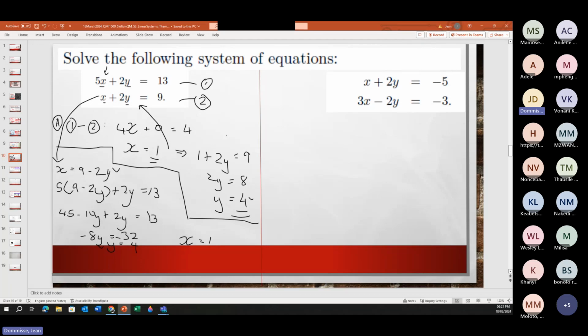I would probably have seen when I got to the y answer, oof, I don't have an x of 4 and a y of 2.5. Then I would have started all over again.